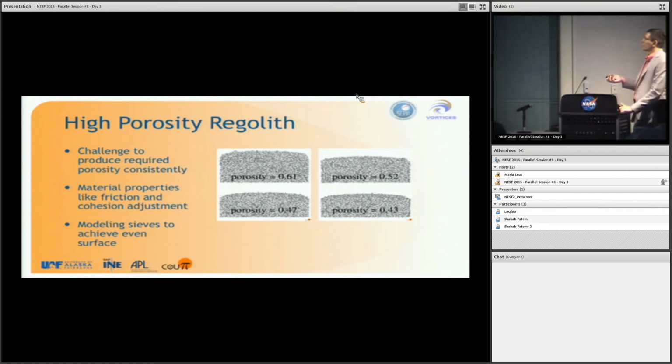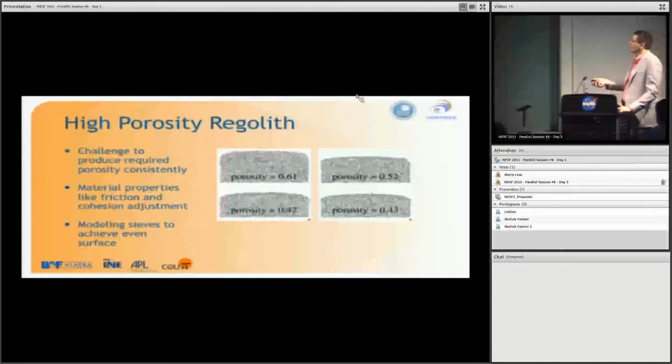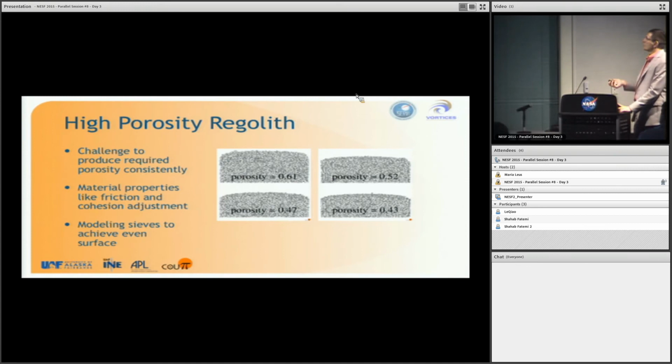It's not obvious how to do it initially, but we used artificial mechanical properties for the contact mechanics, like changing friction between the particles and adjusting cohesion. So we were able to build different particle beds for different porosities, and we expect high porosity on the top surface.